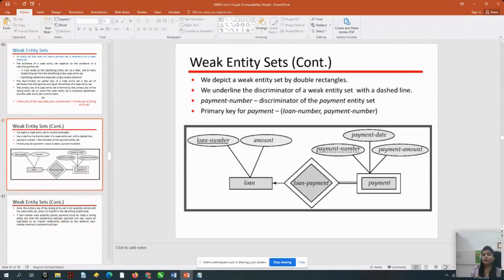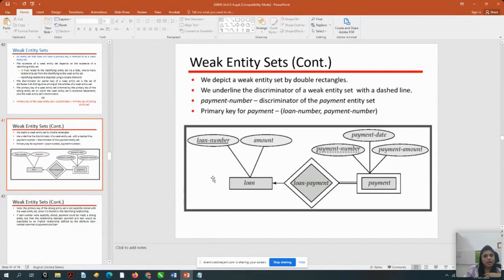So don't get confused: that was a double ellipse for the multi-valued attribute, and here we have the double rectangle. This would represent the weak entity set. Now in this particular example we have two entities, loan and payment, and they are both linked through the loan payment relationship. This is the relationship.